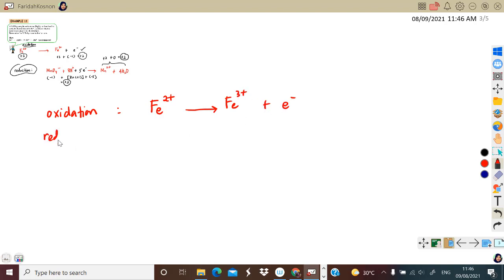And for reduction, we have permanganate ion, 8 mole of hydrogen ion plus 5 mole of electron converted to 1 mole of manganese ion and 4 mole of water.